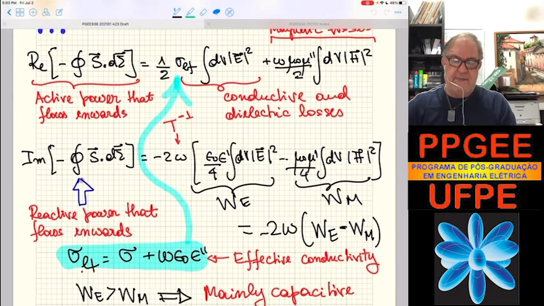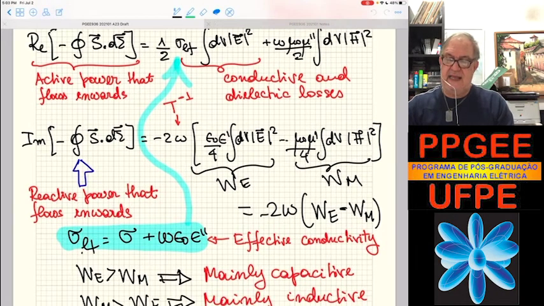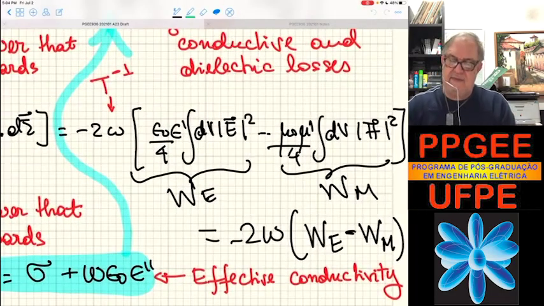The imaginary part of the power that flows inwards is called the reactive power, right? And this has a minus here, right? WE minus WM. So you see that the energy has to do with the real part of the permittivity and permeability. And you always have a difference.